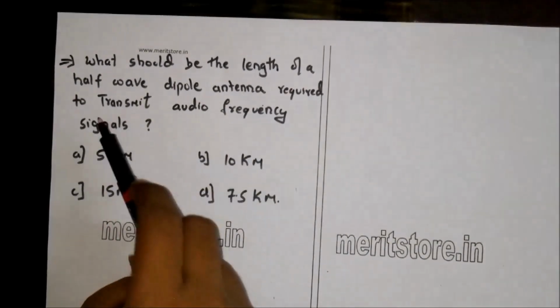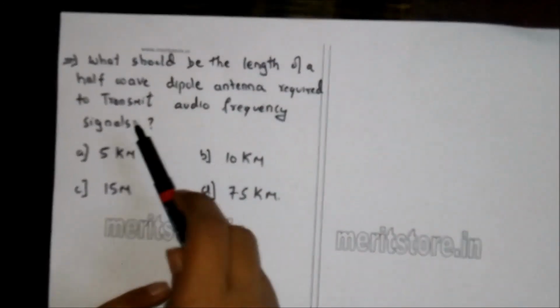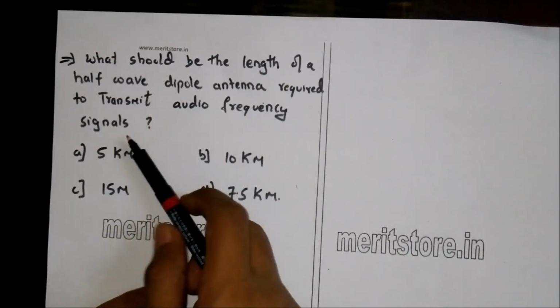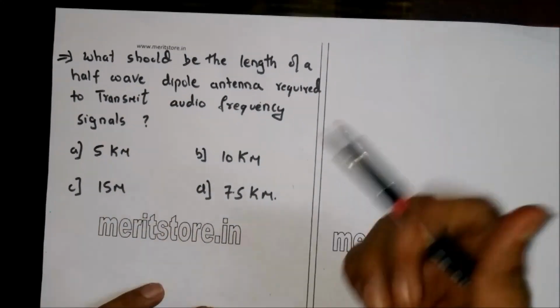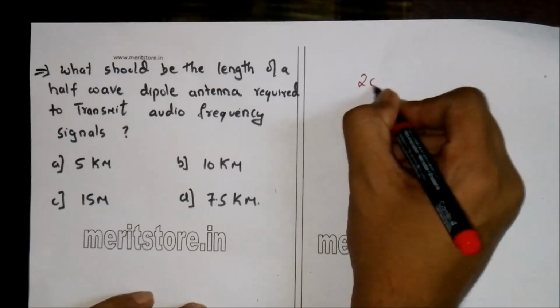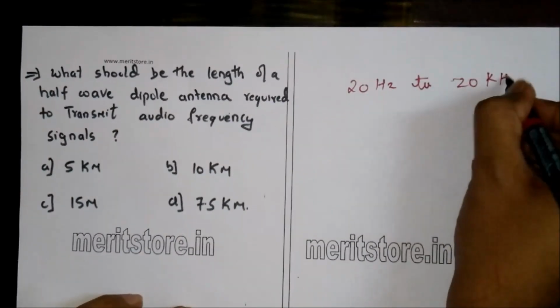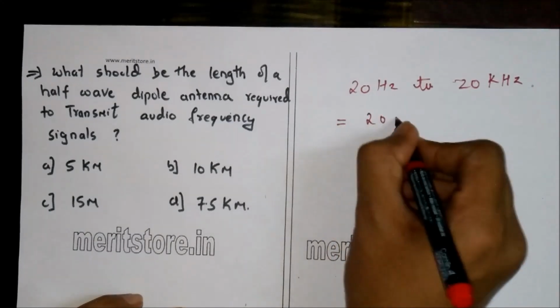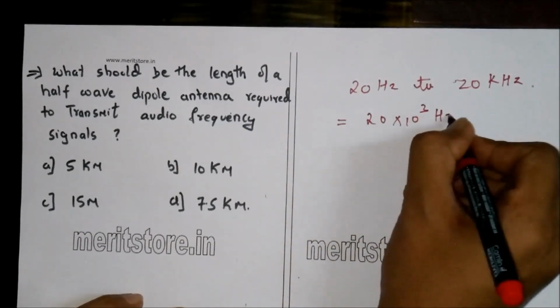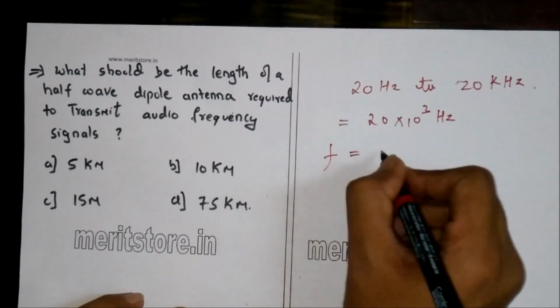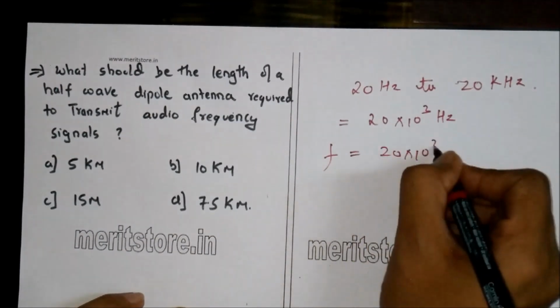What should be the length of a half-wave dipole antenna required to transmit audio frequency signals? Now, here are the options. Now, audio signals have a frequency range of 20 Hz to 20 kilohertz, which is equal to 20 into 10 raised to 3 Hz. Therefore, the frequency of audio signals will be f equal to 20 into 10 raised to 3 Hz.